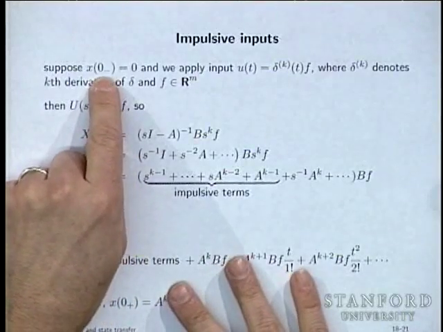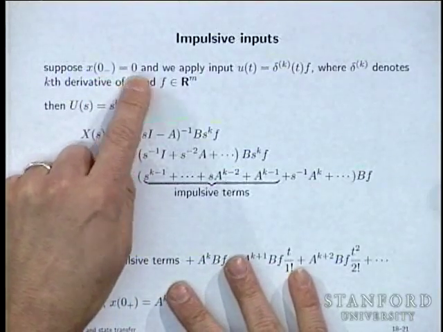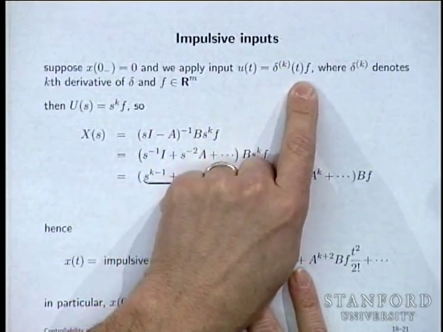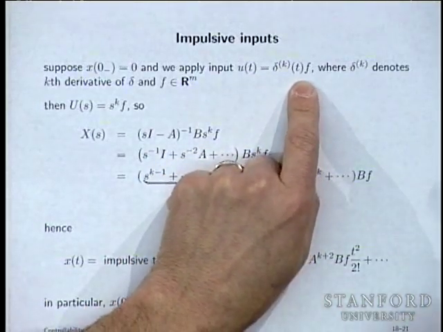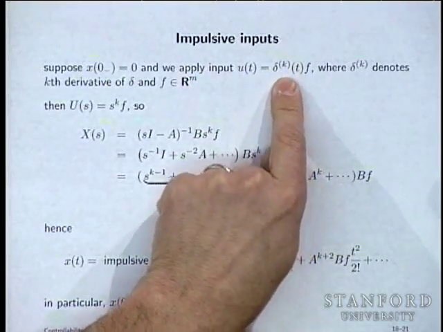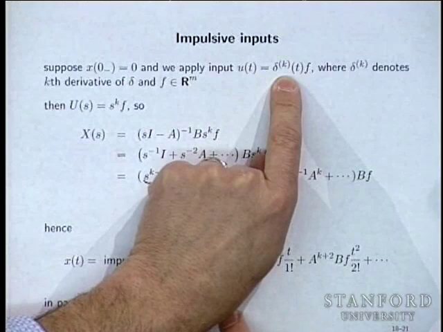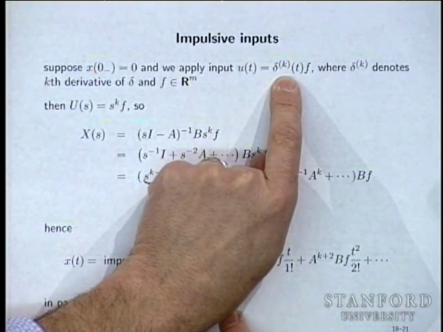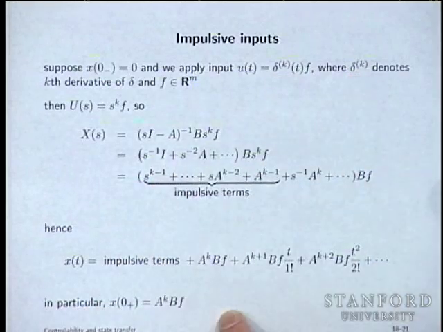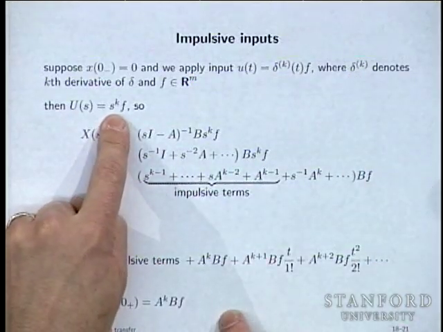So let's just say before the impulse, we're at 0, and we apply an impulse which is distributed across the inputs by a constant vector f, that's f1 through fm, and it's multiplied by this k-times differentiated delta function. That's what it is. And here, the Laplace transform of that is s^k f.